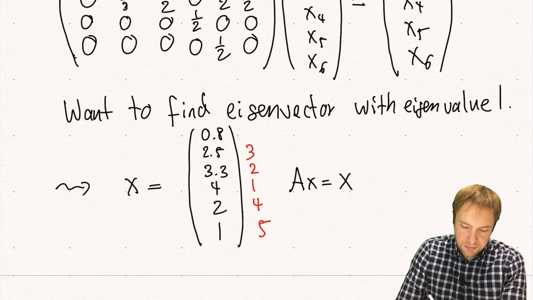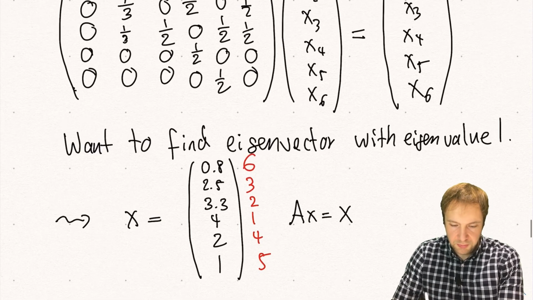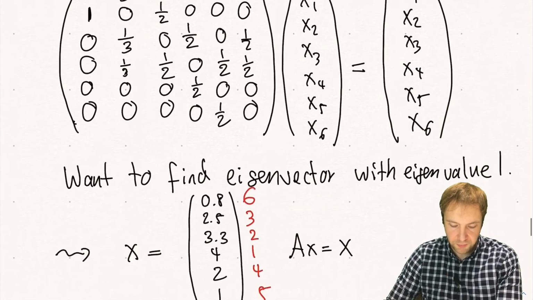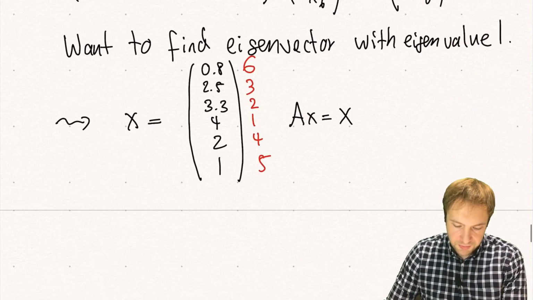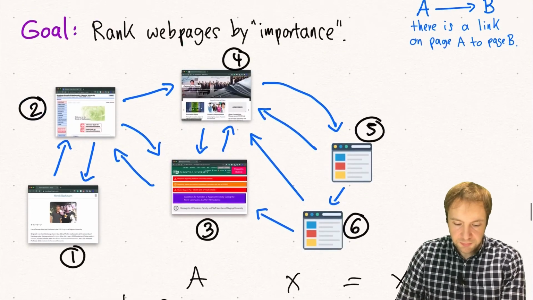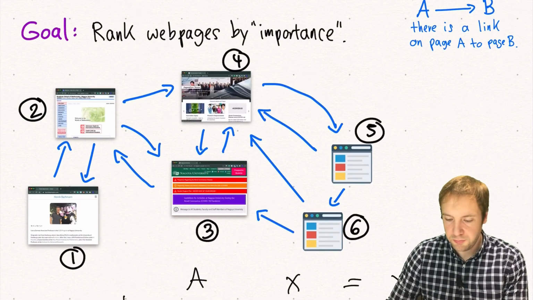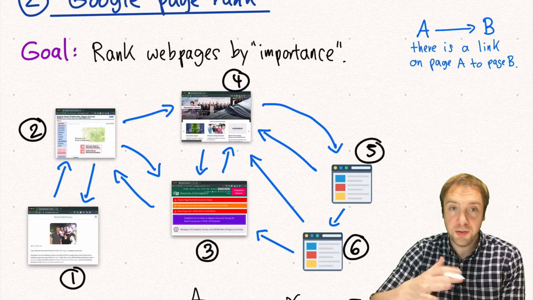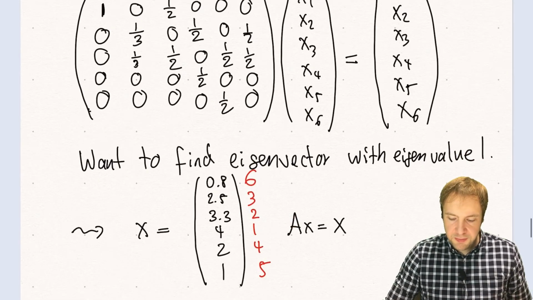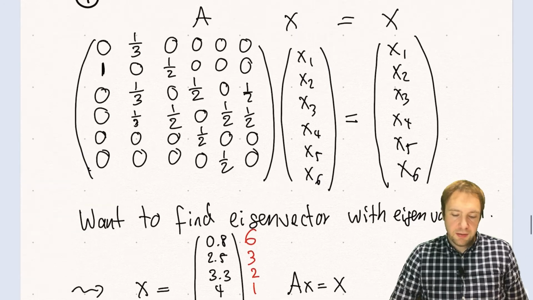And then at the end you get this page number 1, which should be at the end of the search results. And so this gives you the ranking of the pages, and you can use this to sort your search result.